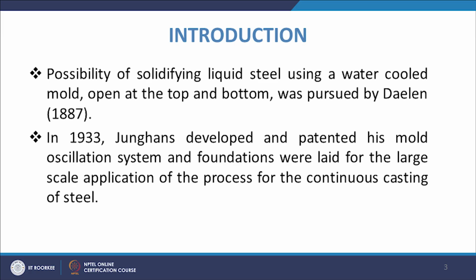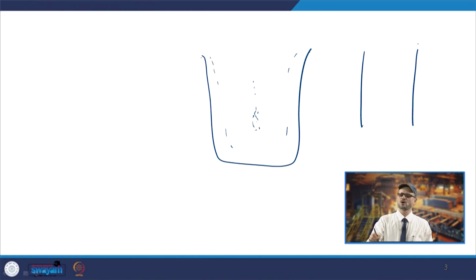So, in 1933, Junghans developed and patented his mold oscillation system. The challenge was the solidified shell on the sides. You have the open top and bottom, and you are pouring the liquid metal. So, what will happen? It will get solidified.